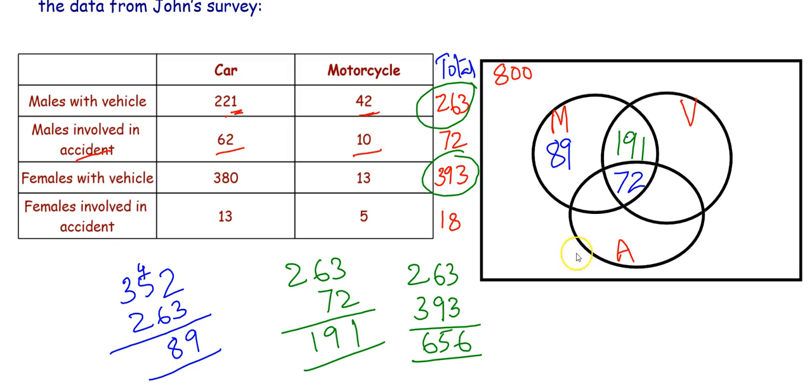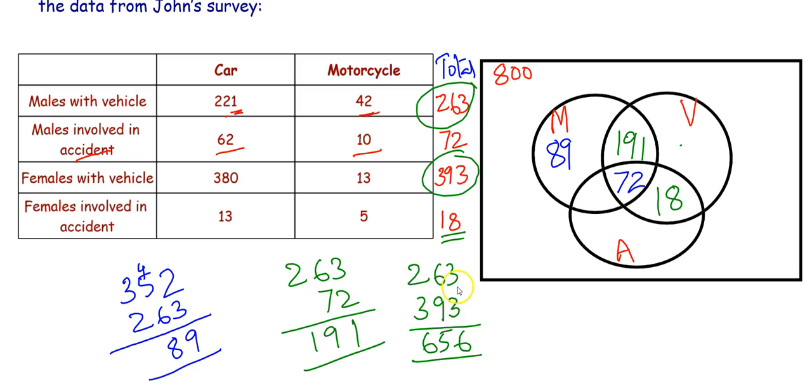Now out of those 656, that number 18 females are involved in accidents. Now that number 18 should come over here because they are not males, they are females, and they are involved in accidents. That 18 also is separated there.